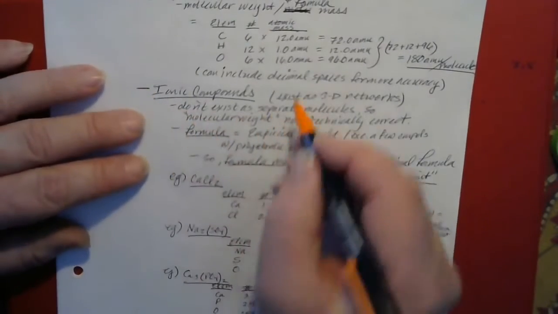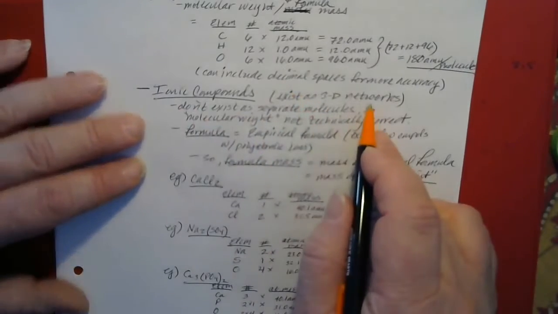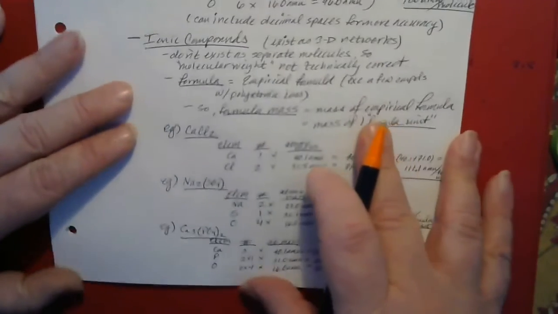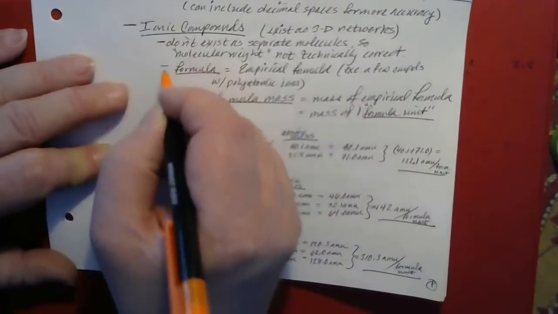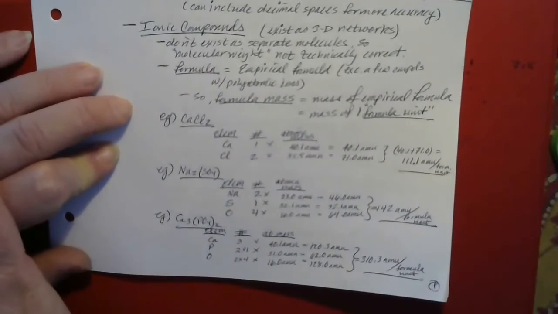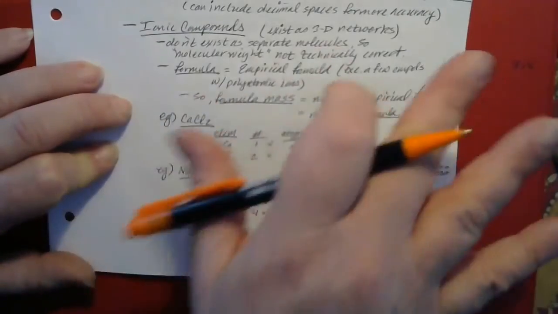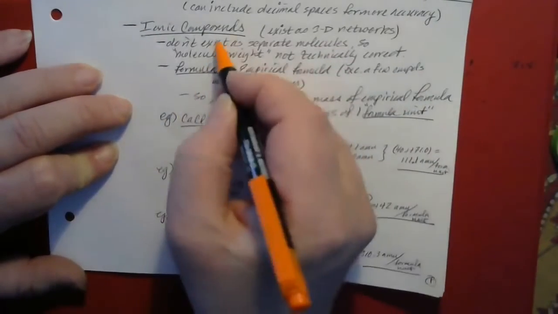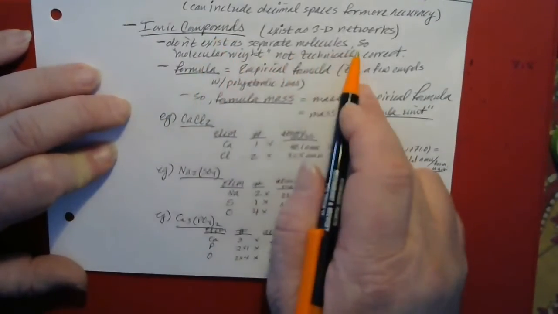For ionic compounds, remember ionic compounds exist as 3-dimensional networks of alternating positive and negative ions. And the overall ratios, the lowest whole number ratios of positive to negative ions, are what we write down as the formula for the ionic compound. And they don't exist as separate molecules.